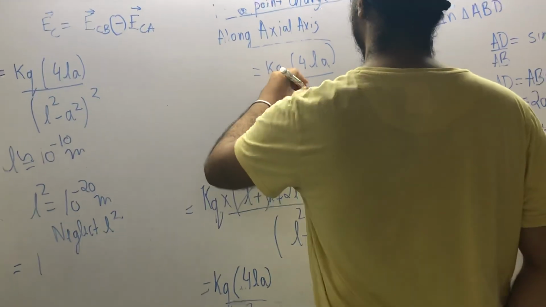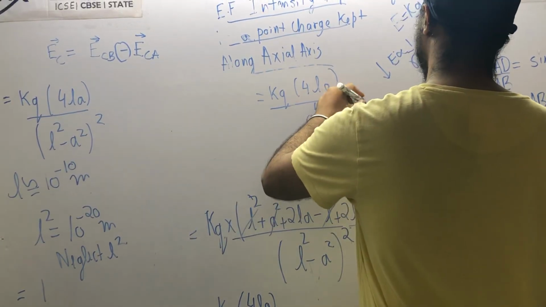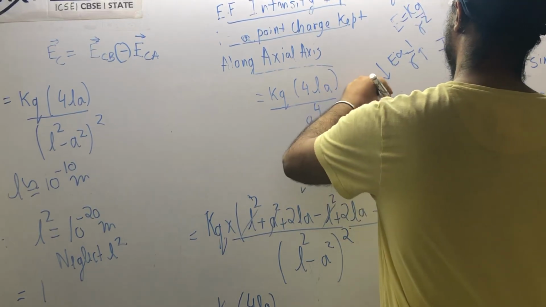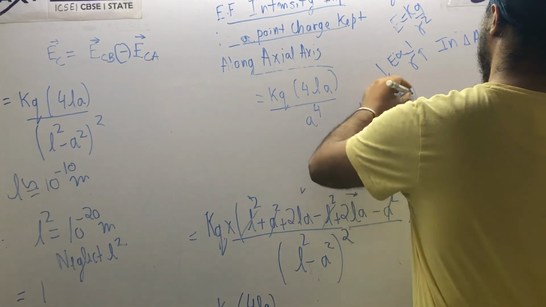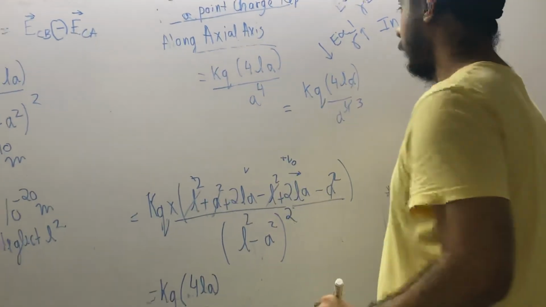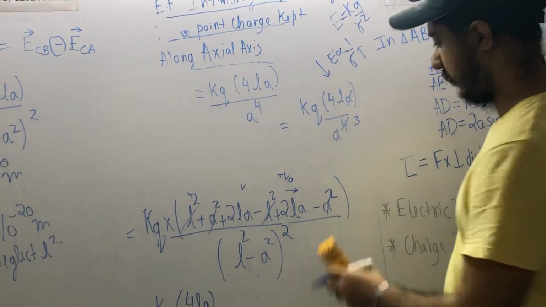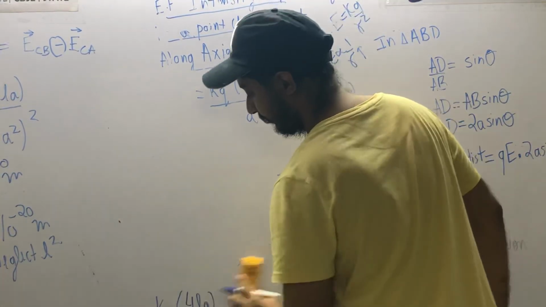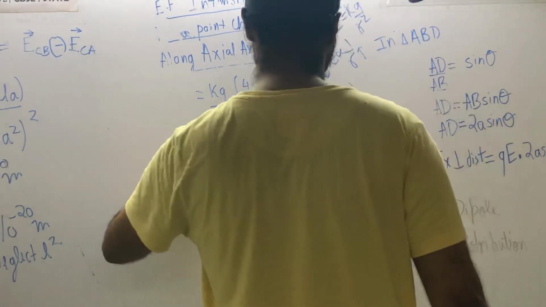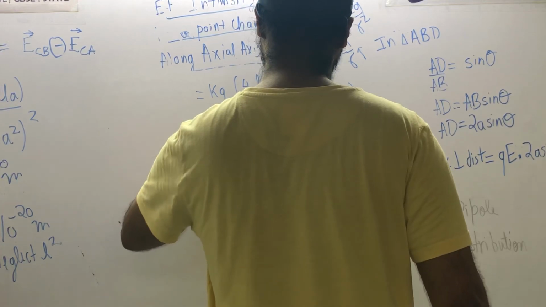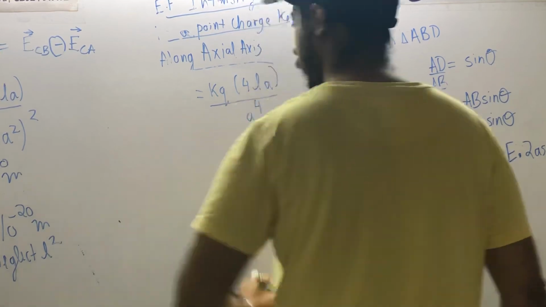A raised to the power 4. Okay, and you can cancel this. You get cube here. So this comes out to be 4 into KQL upon A cube.